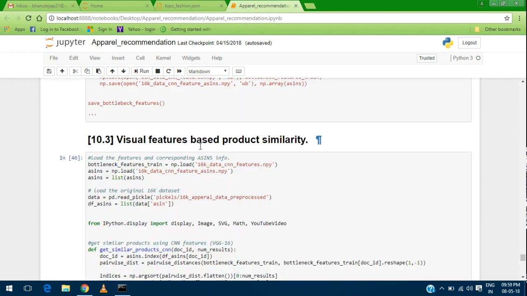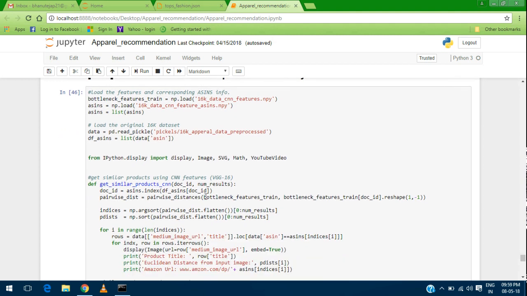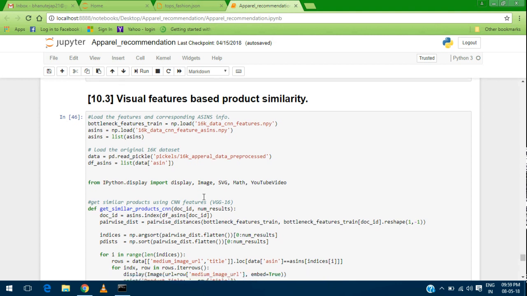Coming to visual features based product similarity, we have used the VGG16 CNN, which is open source and was built by Oxford University's group called VGG. So we get a 25,088 dimensional vector, where we have several features of the image.